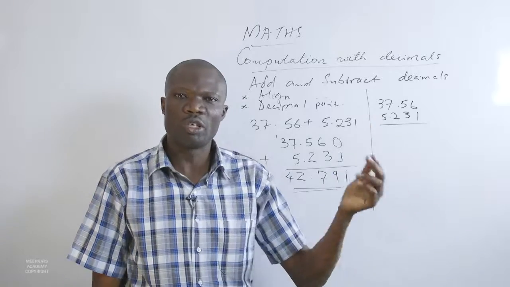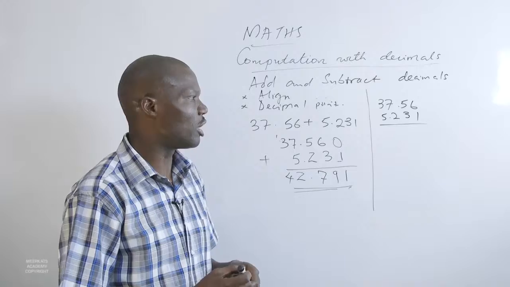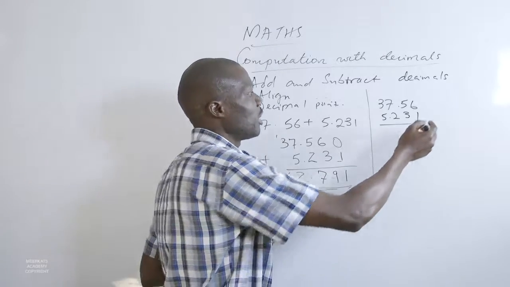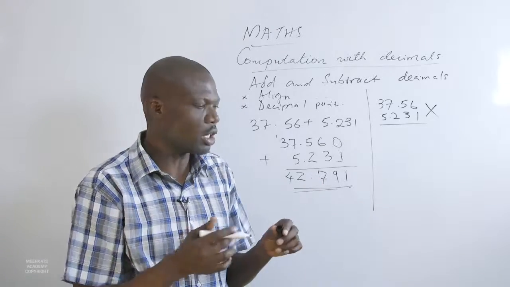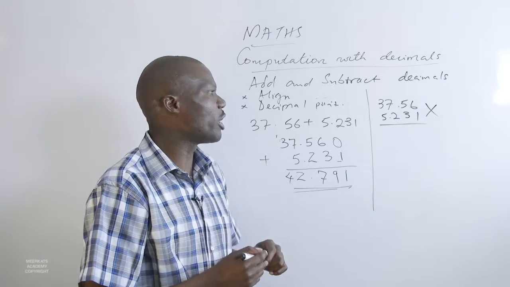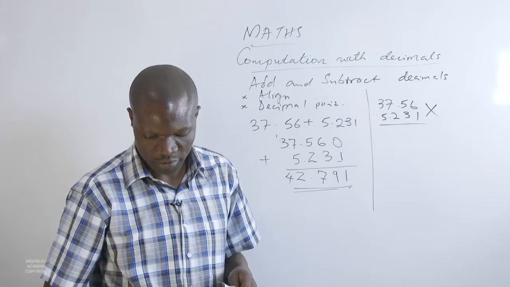The decimal point for the first and the second is also not aligned. So I'm discouraging you from doing anything similar to this. We cannot add or subtract decimals when we don't align them as per the place values.